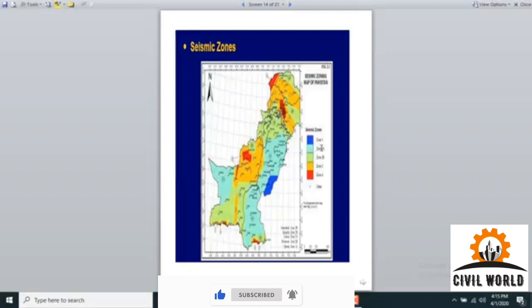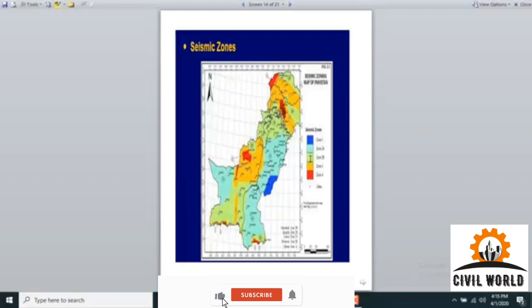However, the second seismic zone, which is known as the moderate seismic zone, is called technically seismic zone 2A, and this zone is represented by light blue color or shade. You can see most of the area of Punjab and Sindh province lies in seismic zone 2A, whereas seismic zone 2B is also called a moderate seismic zone.